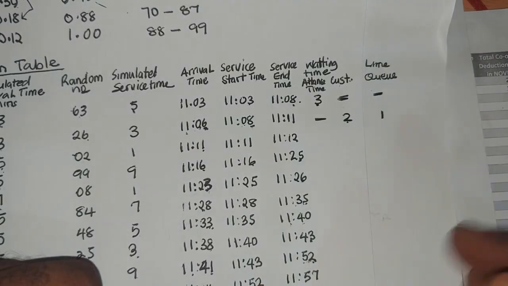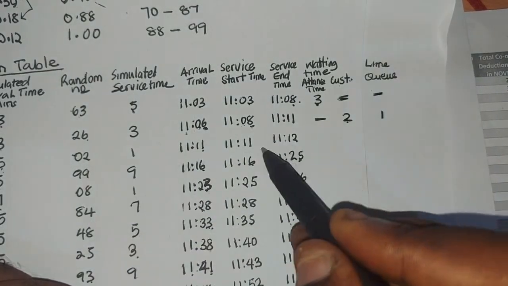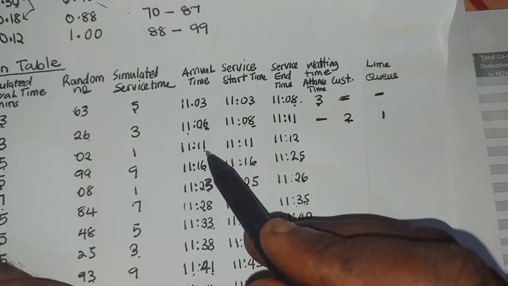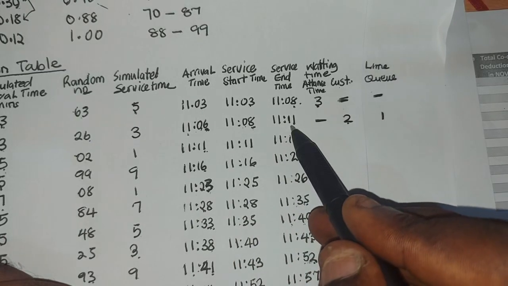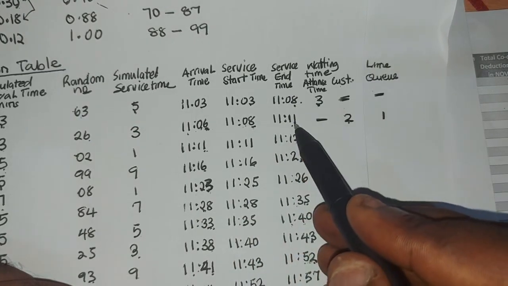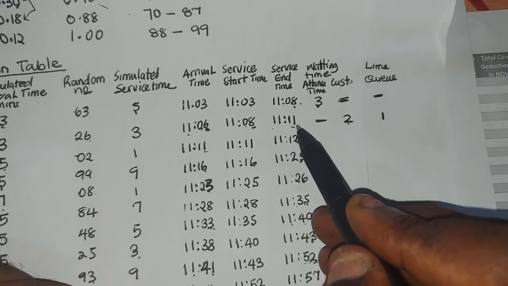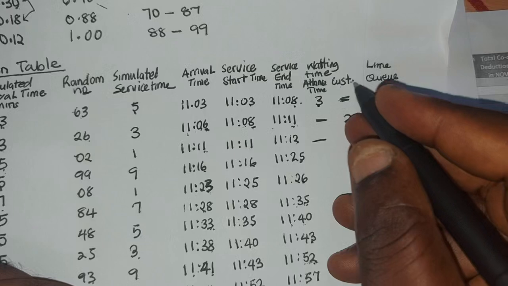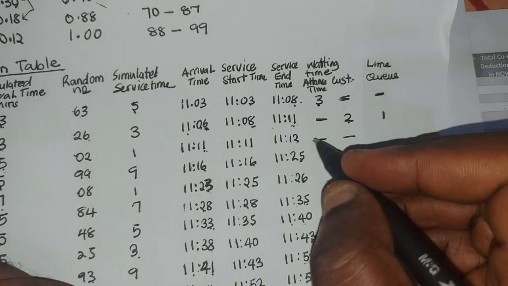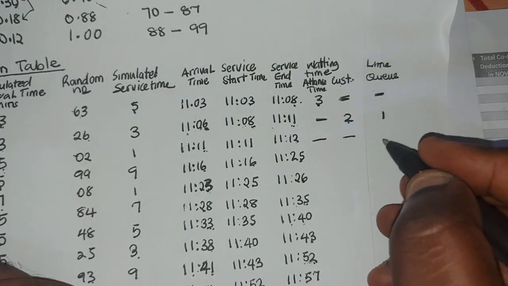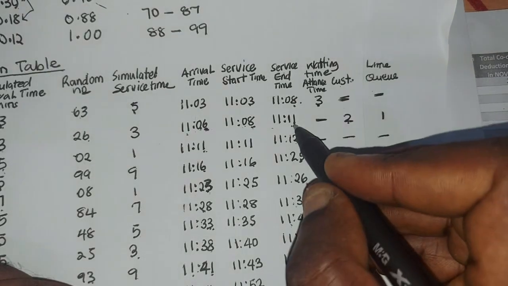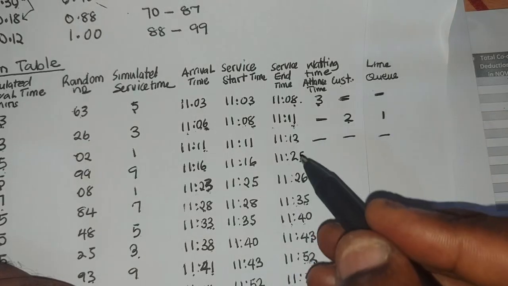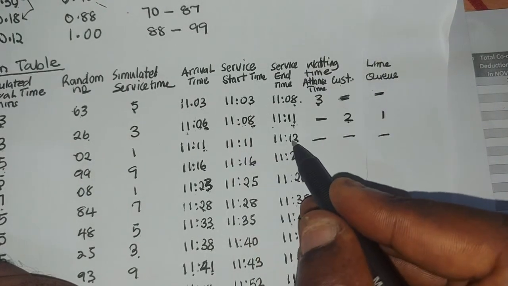Okay, class. Then the next one is that if you look at this, a customer arrival time is 11:08. So as at that time, the service ends exactly that time the customer arrives. So neither the attendance is waiting nor the customer. No time. All right. Even there is nobody on queue because the next customer arrived exactly that time it ends. So then he spent 1 minute, which is 11:12.